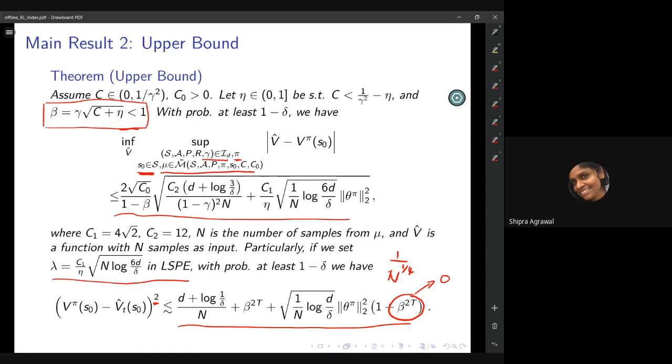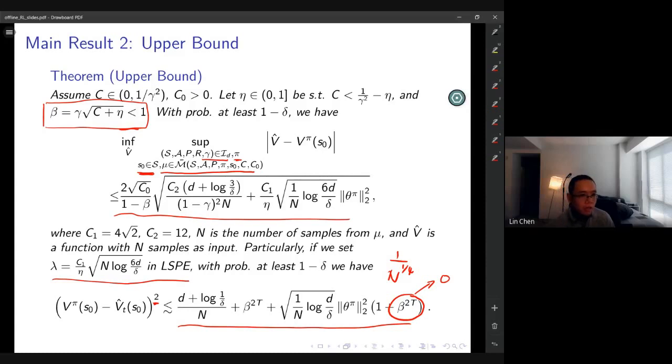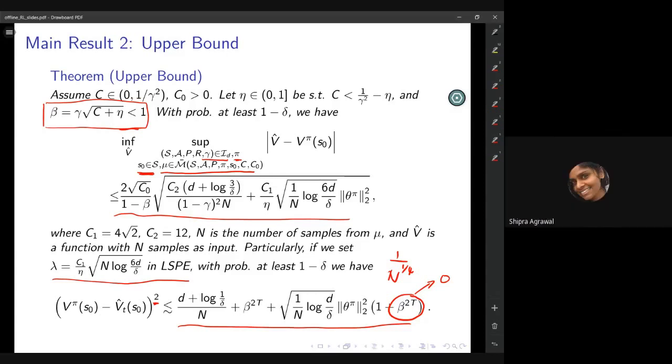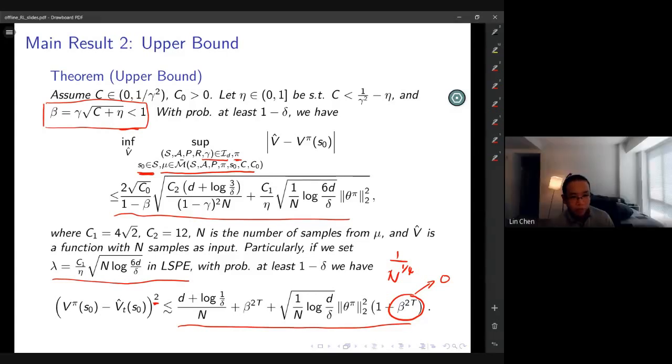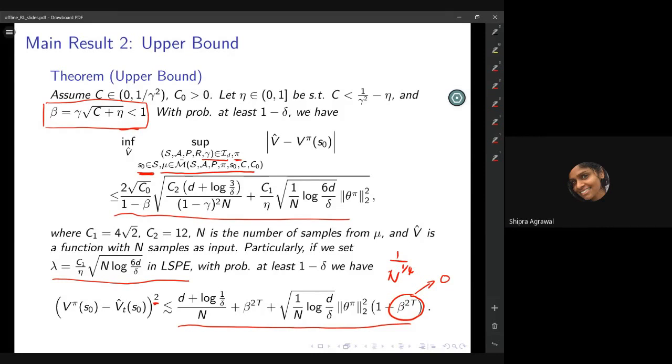So in your upper bound, the algorithm needs to know mu. In the upper bound result, we don't have access to mu directly. Oh, you have samples from mu. Yeah, we have samples from mu, but we don't have access to mu directly. Right, okay, then it's fine. Sorry, I got confused between the policy assumption and the distribution assumption.